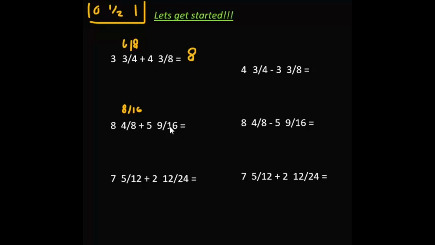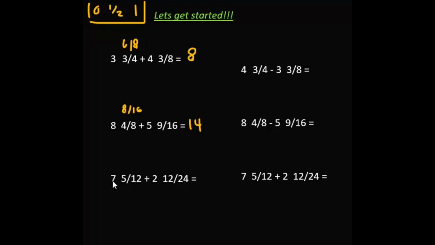Because 9 is 1 more than 8, and 8/16 is 1/2, right? So now we have 8 and 1/2 plus 5 and 1/2. 1/2 plus 1/2 equals 1. 8 plus 5 equals 13, and 13 plus 1 equals 14. Okay, so now let's move on to the next problem.